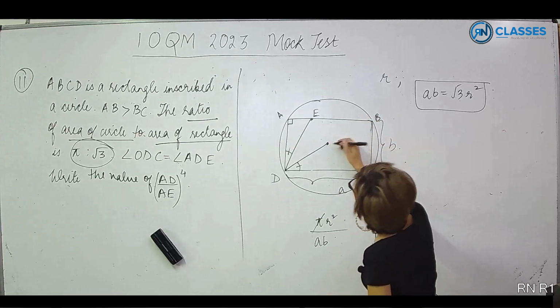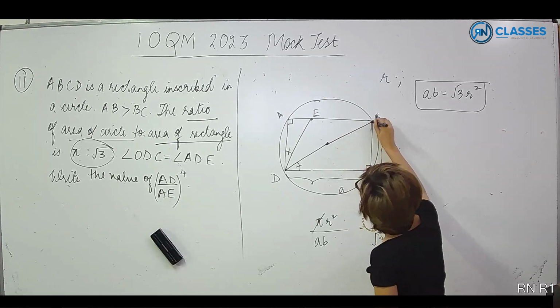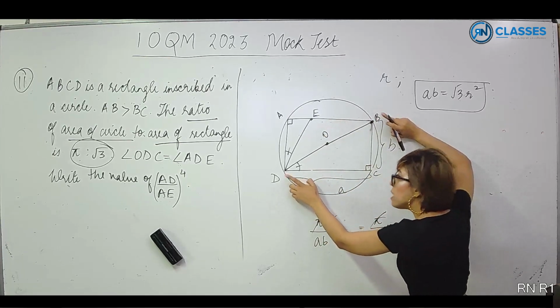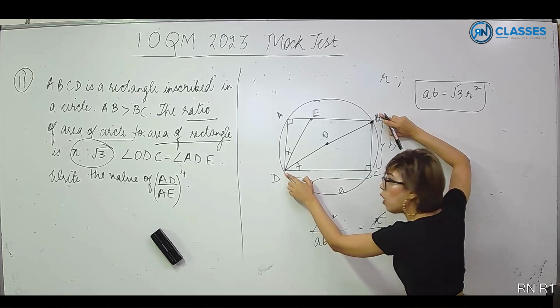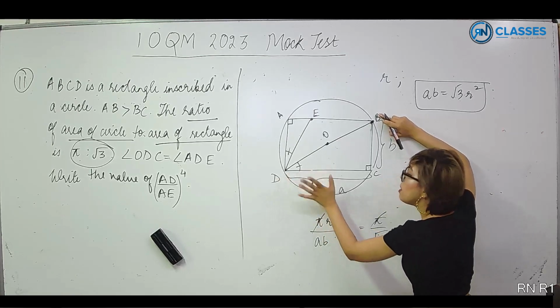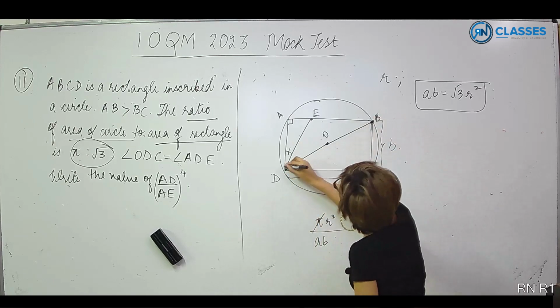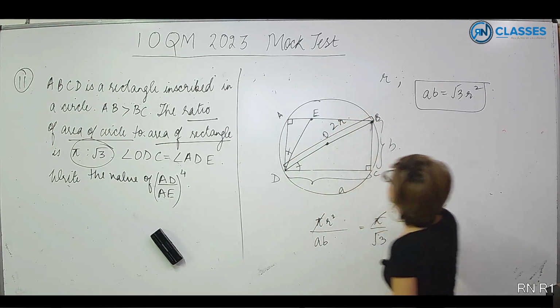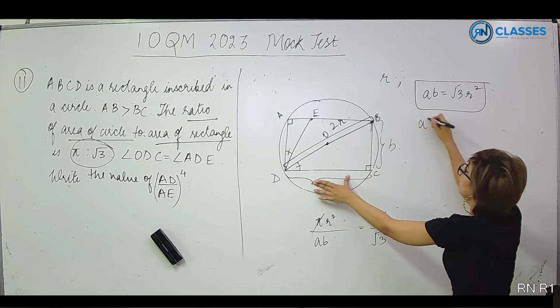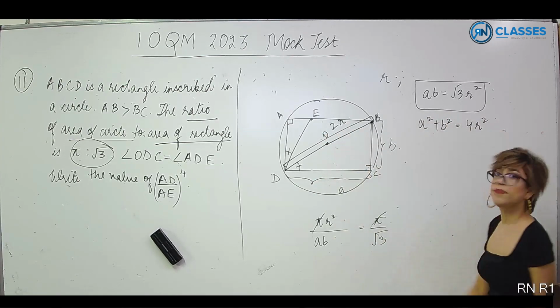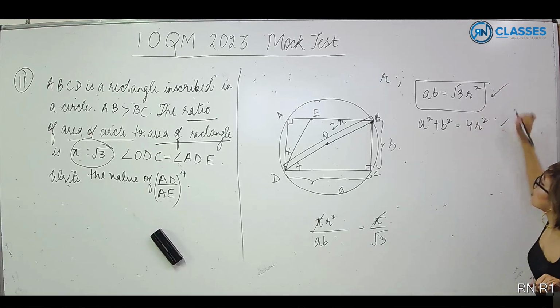Now, if I extend it, DB is the diameter, as well as DB is the diagonal of the rectangle. I might be able to use that because this is A, this is B, and this length will be 2r. So, using Pythagoras theorem, A square plus B square equals 2r whole square, which is 4r square. I have this condition, I have this condition.